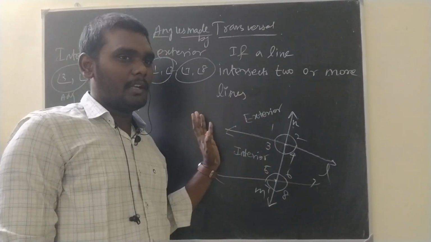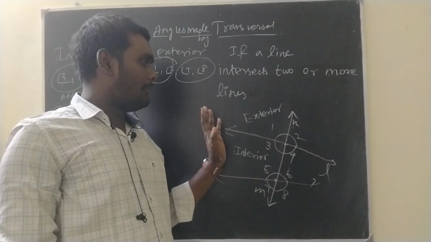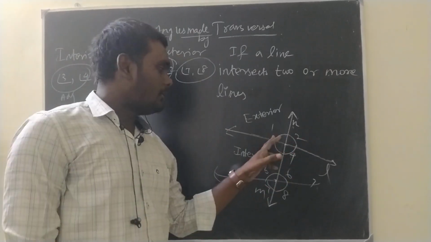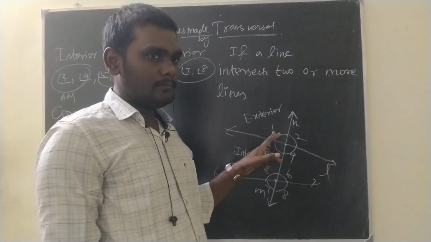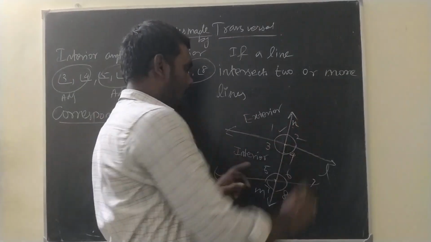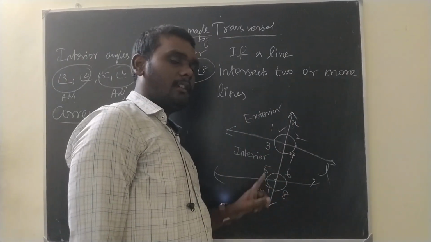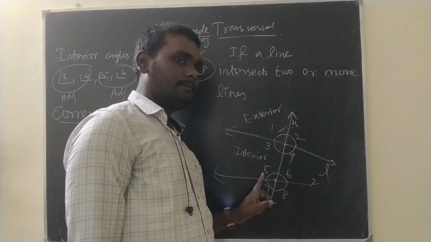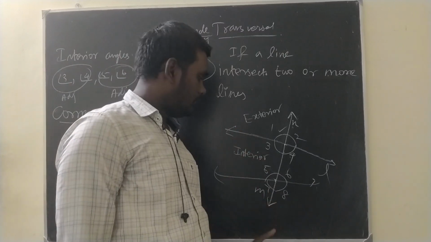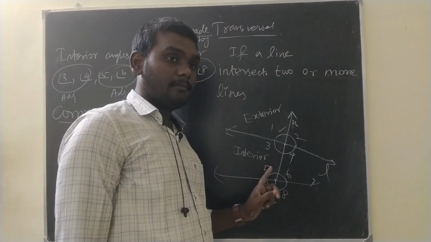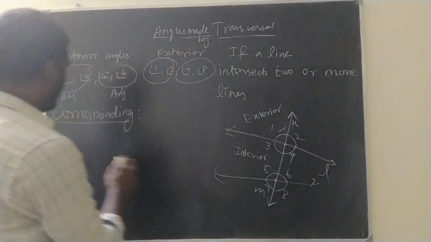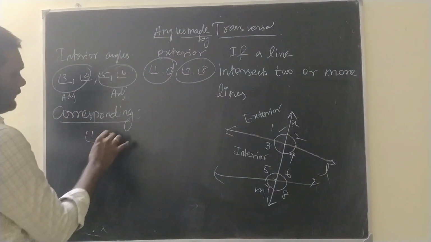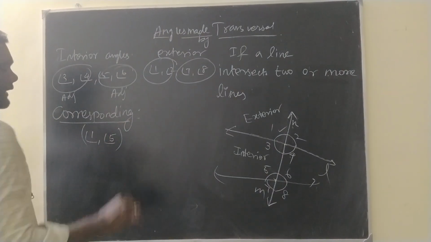Top right to the top right is corresponding. Do you know what I am talking about? In these 4 angles, which one is top left? 1. And in the next set of 4 angles, which is top left? 5. So this 1 and 5 are a corresponding pair.